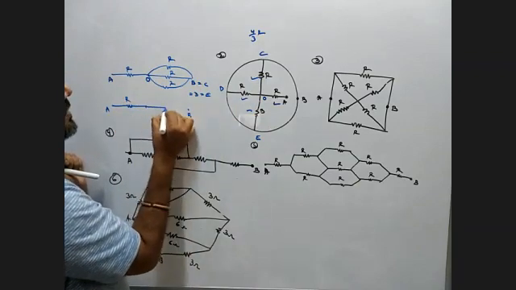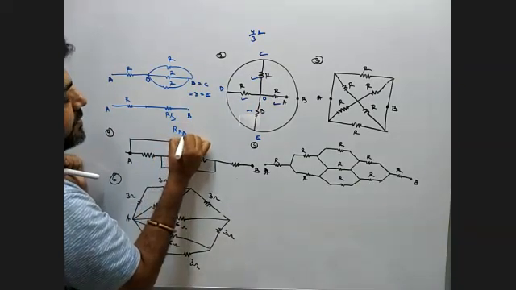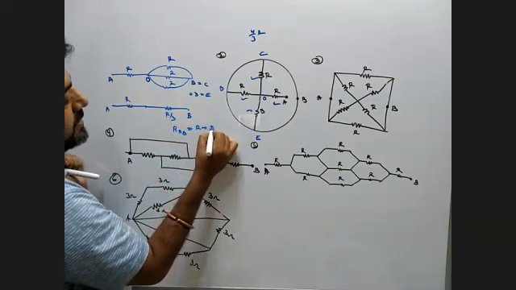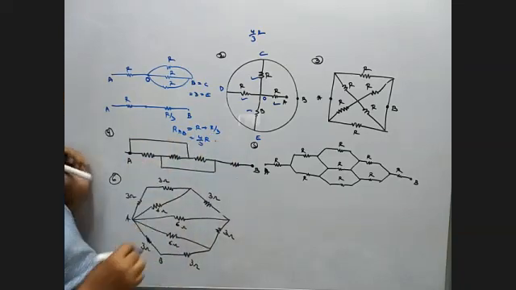O and B, 3 resistors, R by 3. R of AB is R plus R by 3. That is 4 by 3 R. Very good.